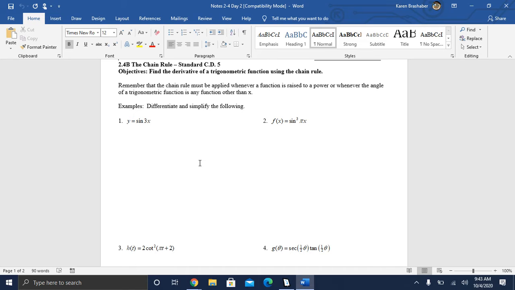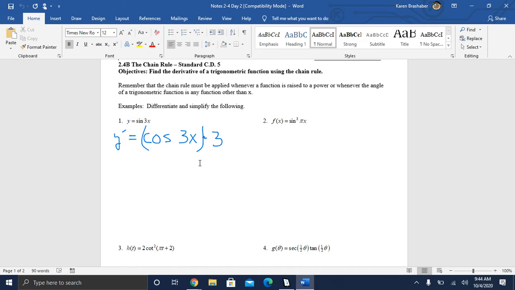So you have to recognize that the angle is more than just an x, so that when you do the derivative y prime, that will equal, first of all, you do the derivative of sine, which would be the cosine of 3x, and then you multiply by the derivative of the angle. And the derivative of 3x is 3.